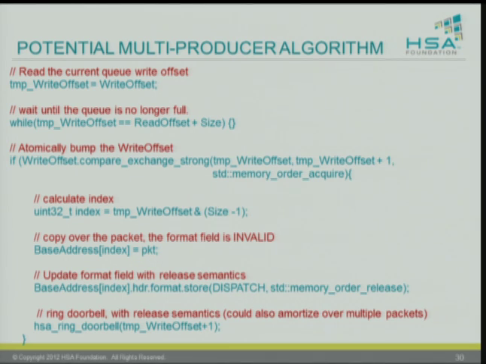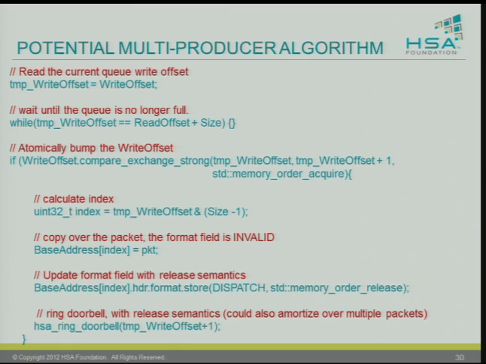So it's just like a normal shared memory queue. And then in this case, you ring a doorbell. You don't have to do this every time. You could maybe amortize ringing the doorbell if you want to do 10 packets at a time or 100 packets. But once you've enqueued a packet, you can ring a doorbell in case somebody's waiting for something to show up in that queue.